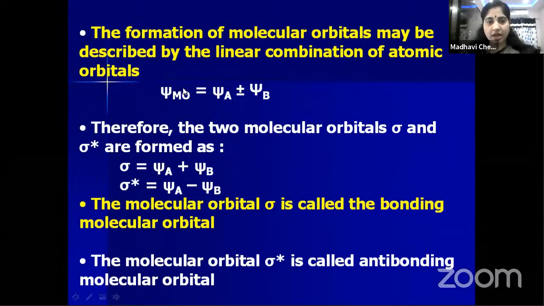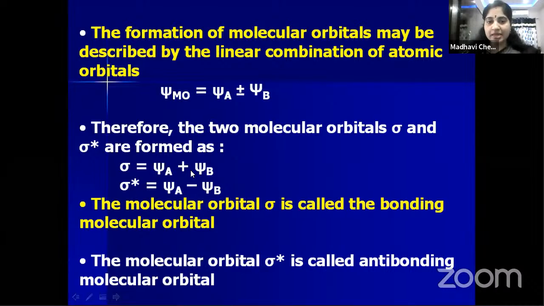If it is plus, then it is called sigma, that is bonding molecular orbital. If it is minus, then it is called sigma star, that is anti-bonding molecular orbital. Sigma and sigma star are molecular orbitals.